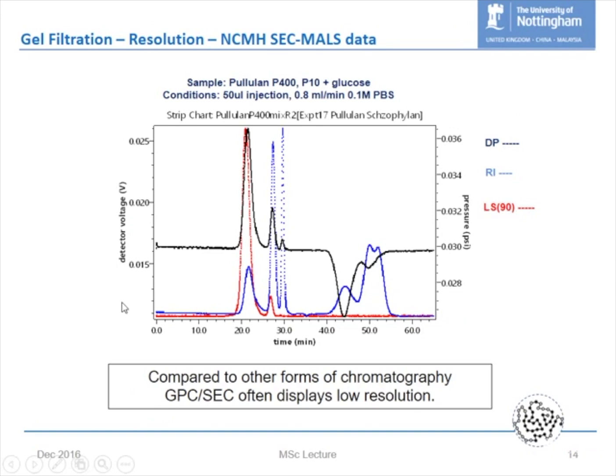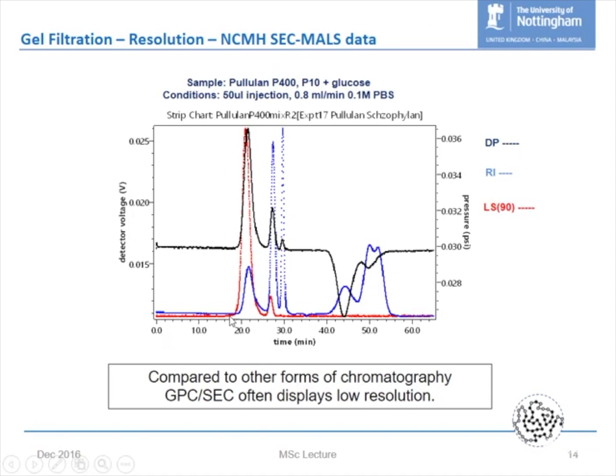Here I'm using a pullulan polysaccharide, 400,000 molecular weight, 400 kilodaltons. I've also got a 10 kilodalton pullulan polysaccharide, and I've got glucose. So a range of different molecular weights there. Some are going to have access to the pores, some aren't.